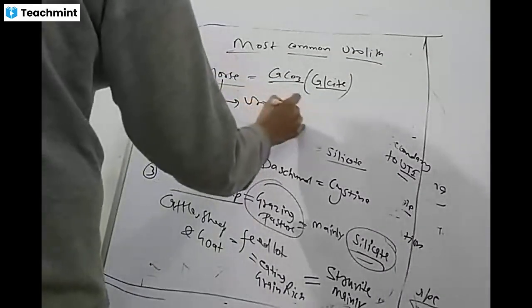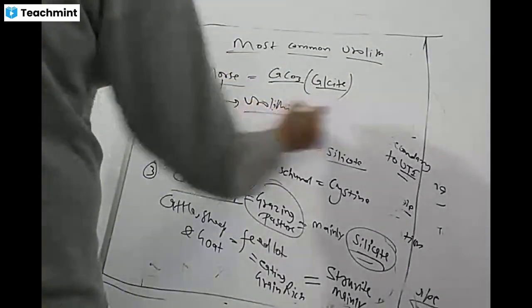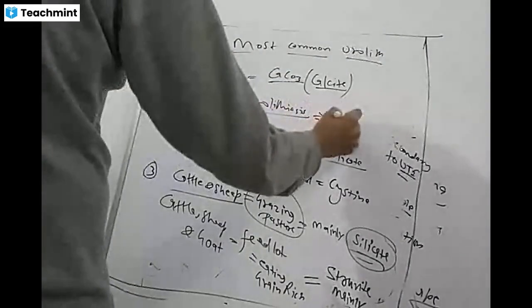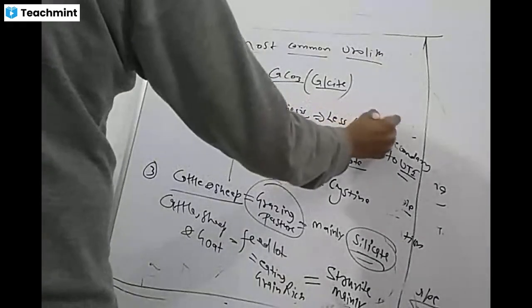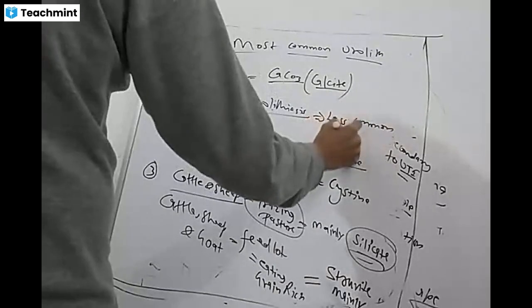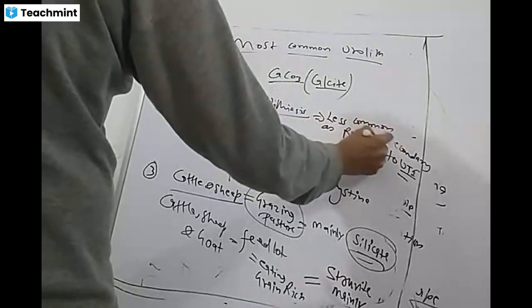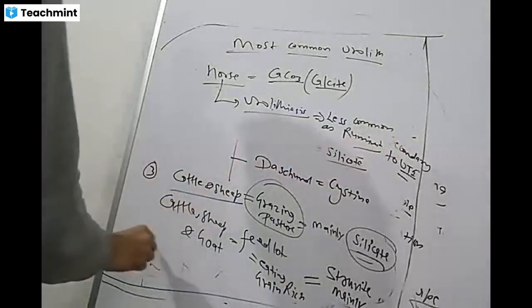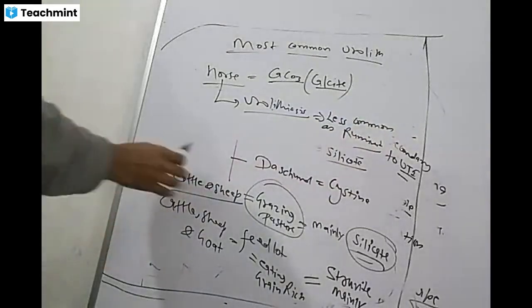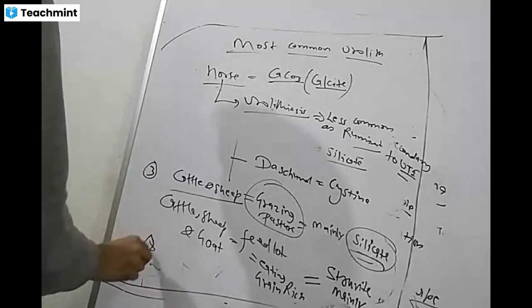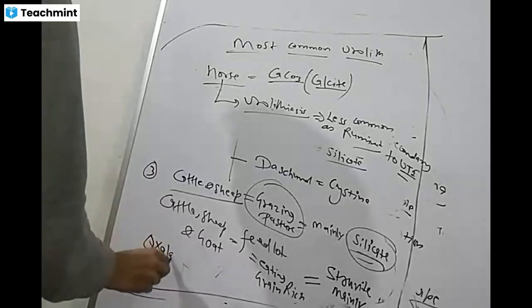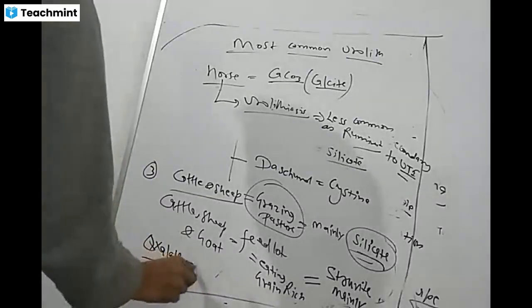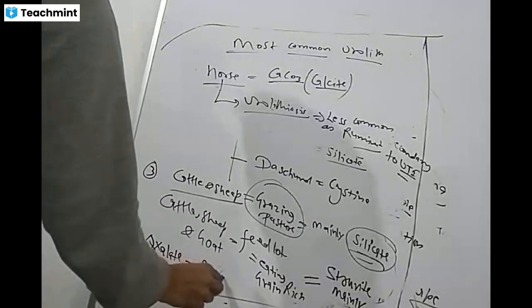Urolithiasis in horses is less common as compared to ruminants. In ruminants, there was one more point, that oxalate crystals are rare.